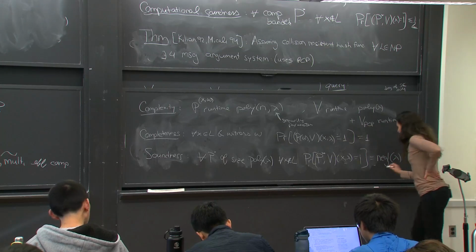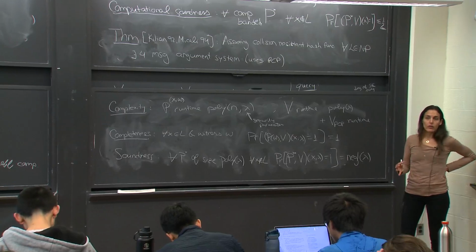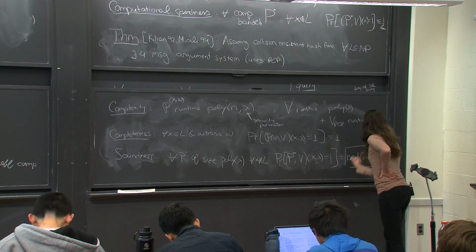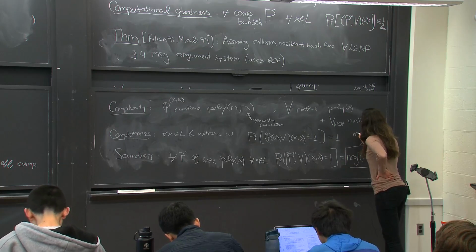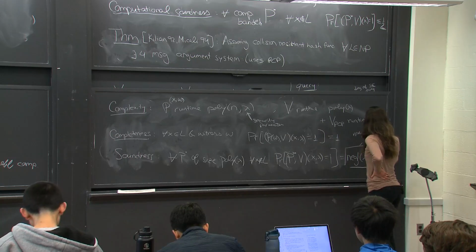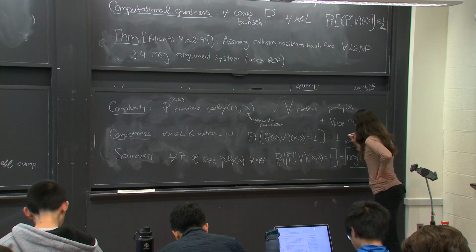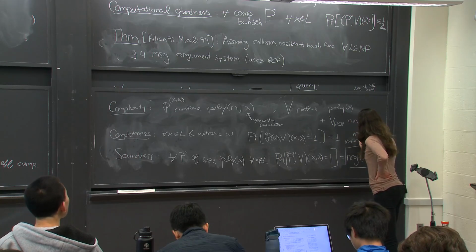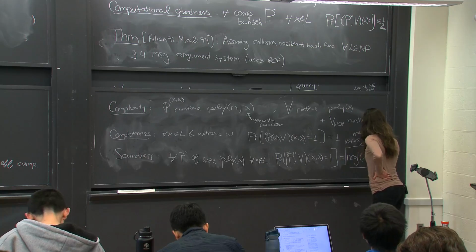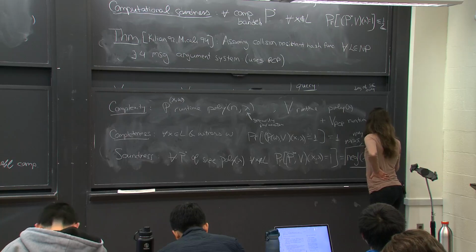Negligible in lambda is just a way to say it vanishes faster than 1 over poly for any poly. This just means that for any poly P, there exists some lambda star such that for any lambda bigger than lambda star, the negligible function is smaller than 1 over P of lambda.